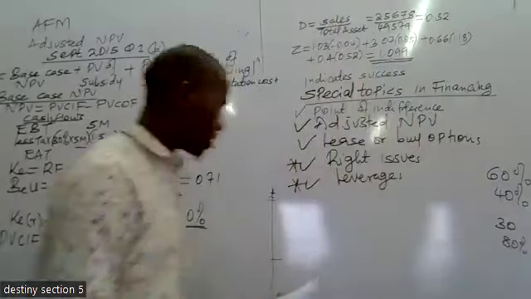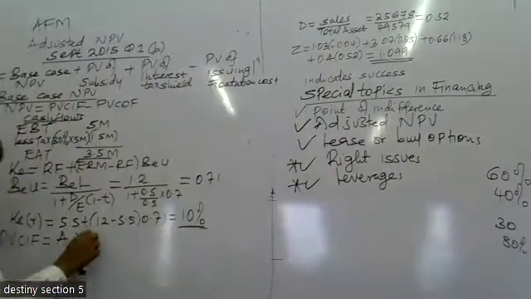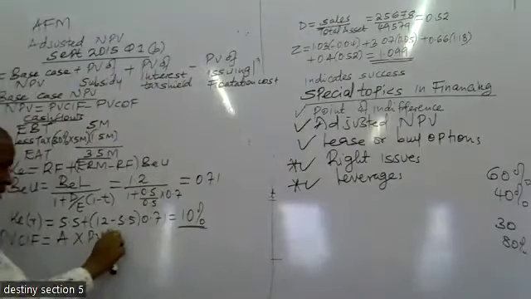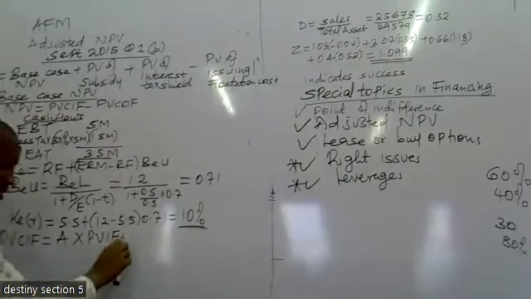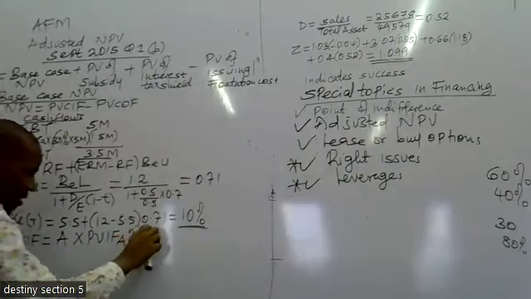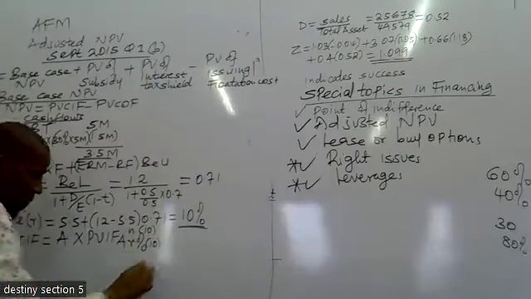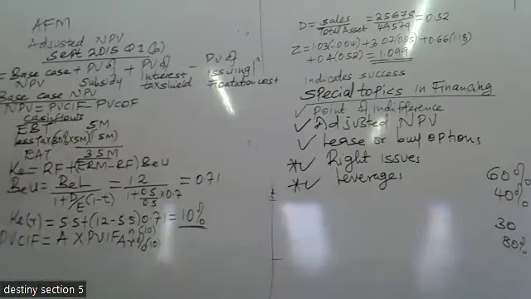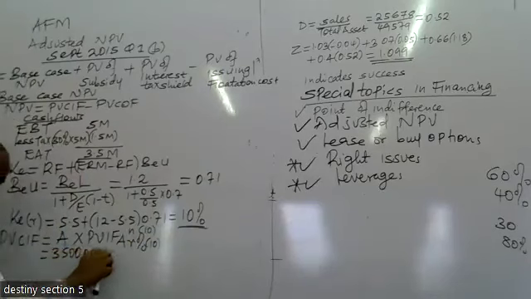You multiply by the present value interest factor of annuity. Our N is 10 years, R is 10%. So our annuity here is 3.5 million.